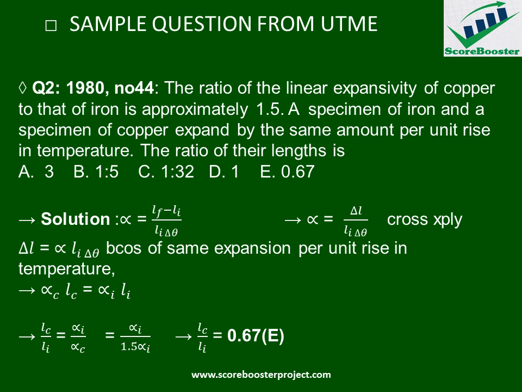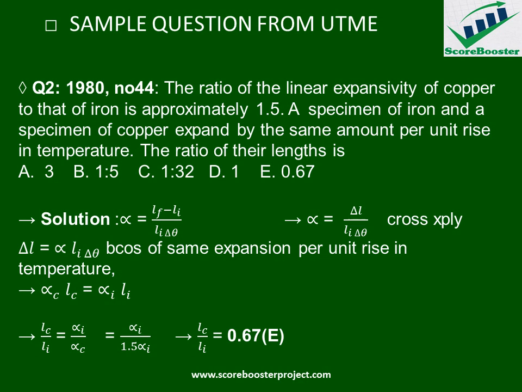Now, the next question we shall be considering comes from 1980, number 44, and the question goes thus: the ratio of the linear expansivity of copper to that of iron is approximately 1.5. A specimen of iron and a specimen of copper expand by the same amount per unit rise in temperature.